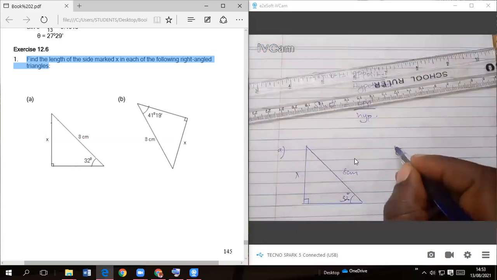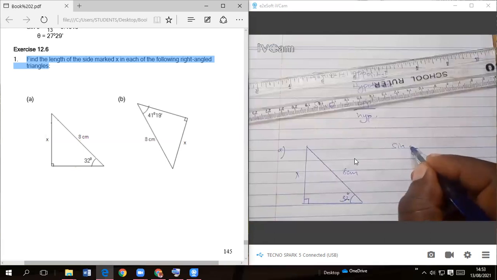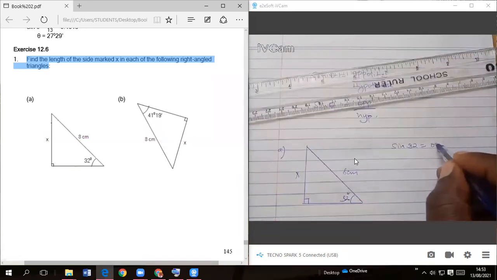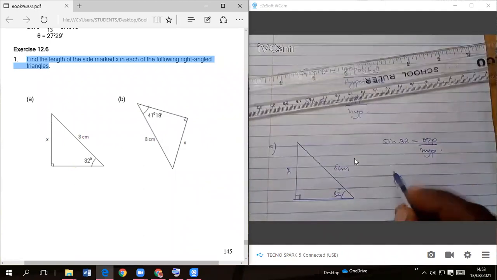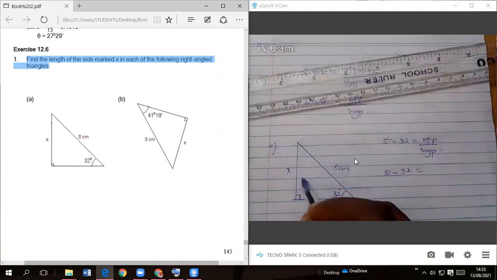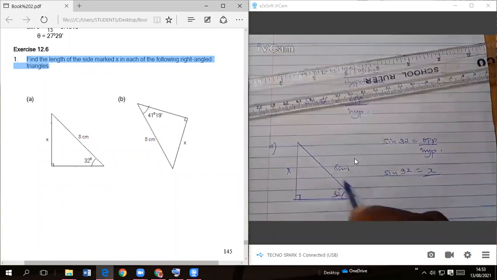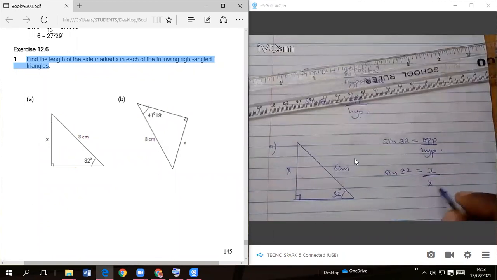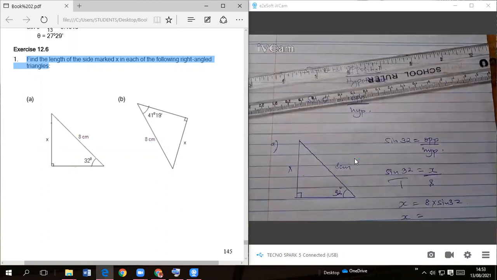So we come and say sine of 32 equals to the opposite over the hypotenuse, and shall have sine 32 equals to the opposite of this angle is this x, so x over the hypotenuse, which is 8, and then you cross multiply, simple, 8 times sine 32, and the answer you get is, give me the answer.